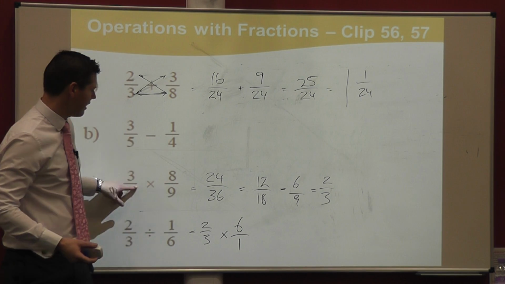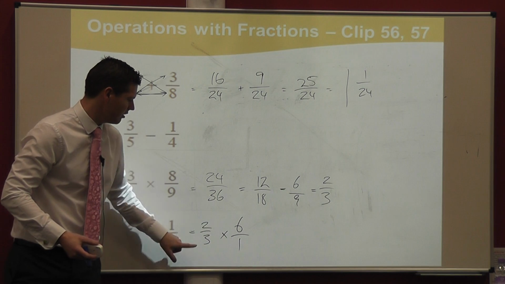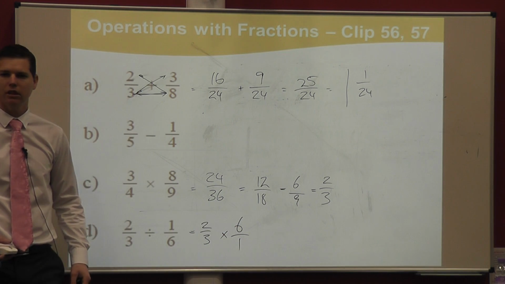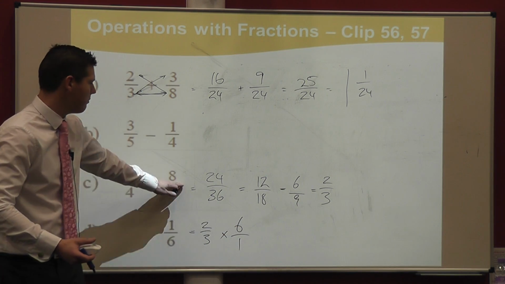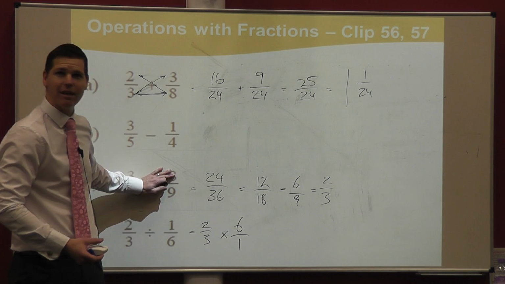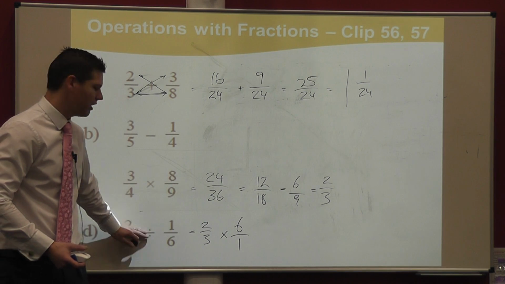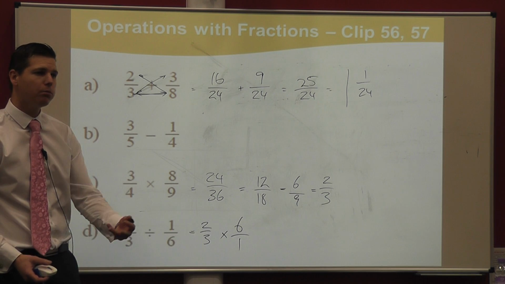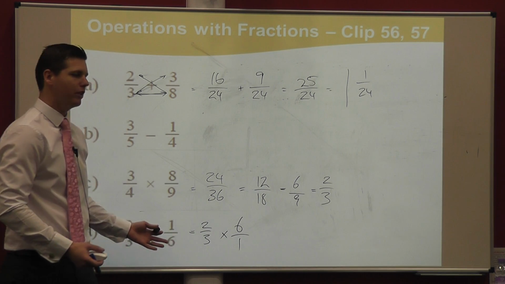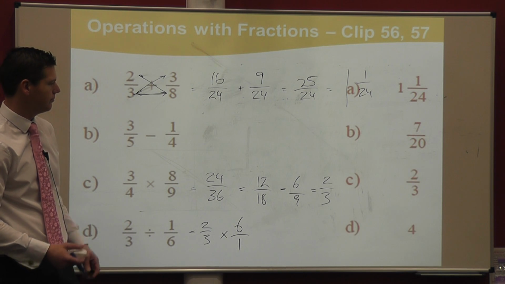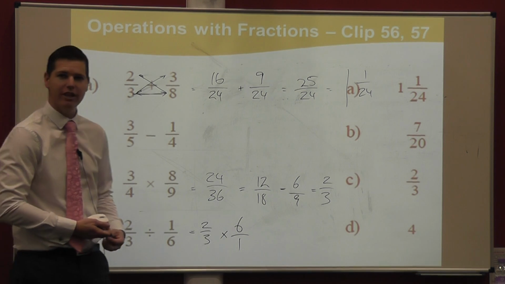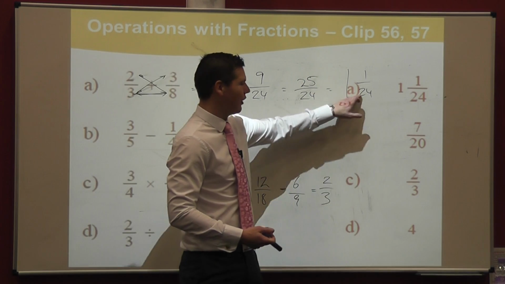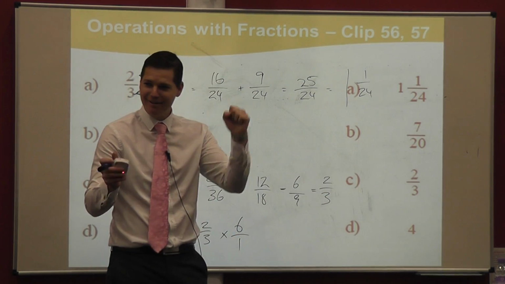And then it's exactly the same as this skill. 2 times 6, 3 times 1. I'm not going to go through that because we've just done the multiplication. So instead of dividing fractions, we multiply by the reciprocal. And that's how we do a question like that. And yes, bonus, I got the 2 questions that I did right.